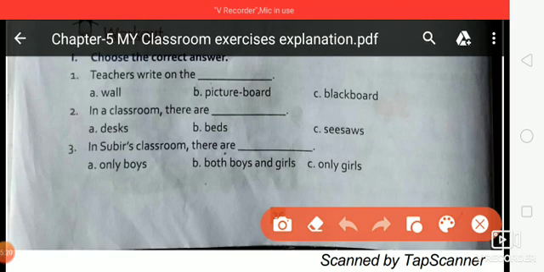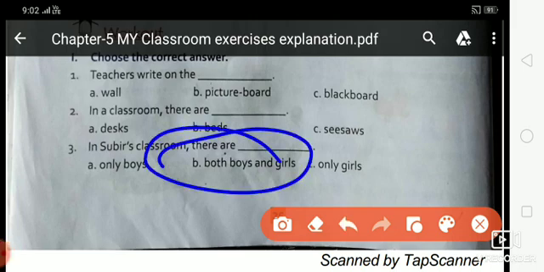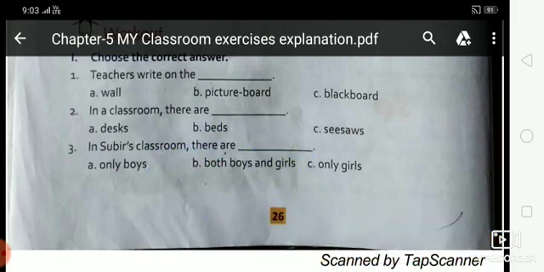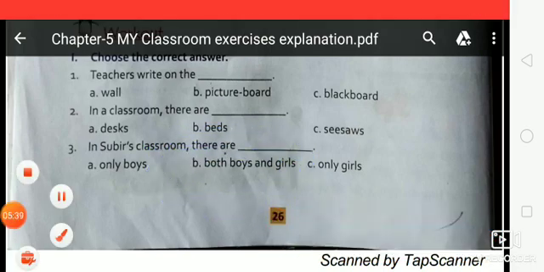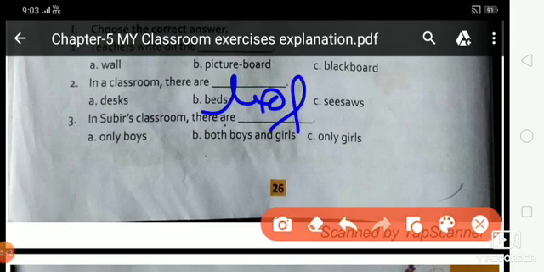When I explained this chapter, I had told you that there are so many boys and girls in Subir's classroom, so option B is correct. Option B is the correct answer, because there are so many boys and girls in Subir's classroom. So you have to write here both boys and girls. Okay, is that clear?